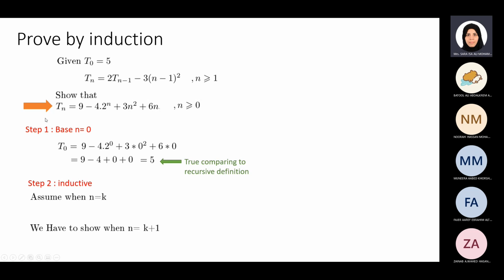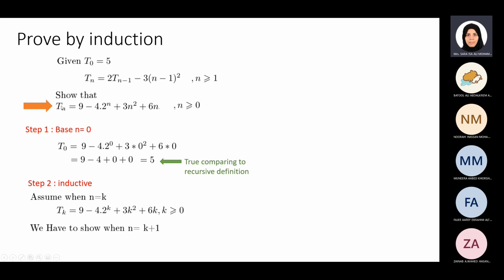I am assuming that Tk is equal to 9 minus 4 times, this is times, not 4 point, okay? 4 times 2 to the power k plus 3k squared plus 6k, where k is greater than or equal to 0. This is my assumption. I have to show that this is also true when n equal to k plus 1.